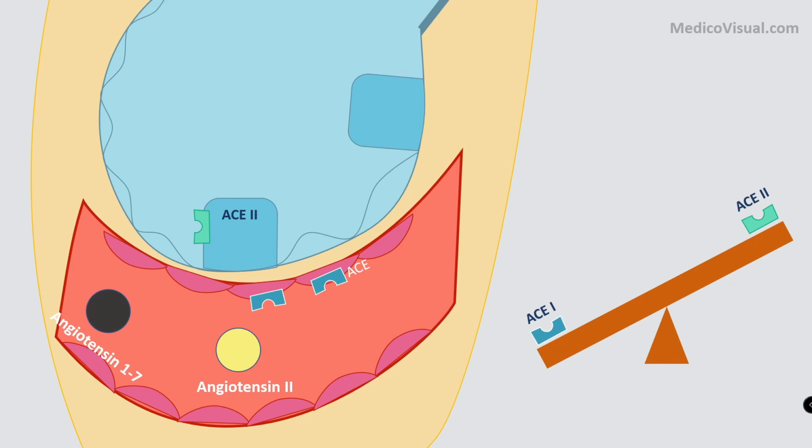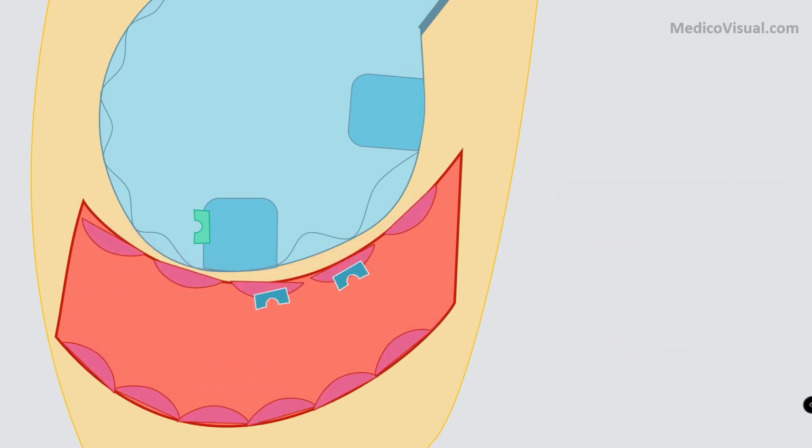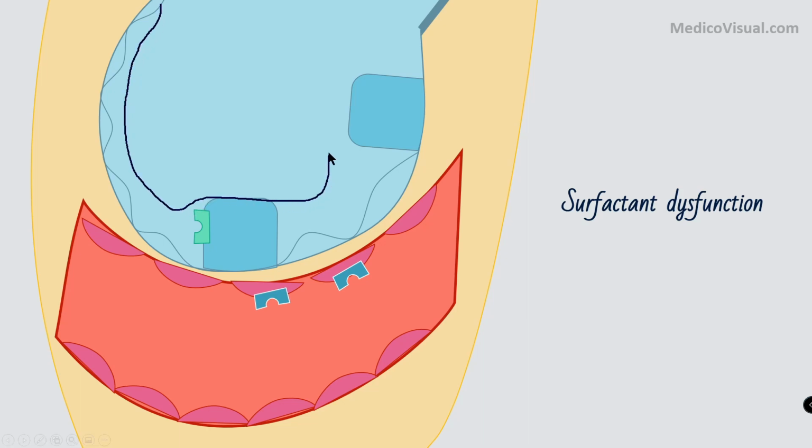Another thing I am going to tell you here is that these type 2 pneumocytes make a special substance called surfactant, which lines the alveoli. What surfactant does is decrease the surface tension of the alveoli, and by decreasing surface tension it makes the alveoli more compliant, more elastic, and easy to expand, right?